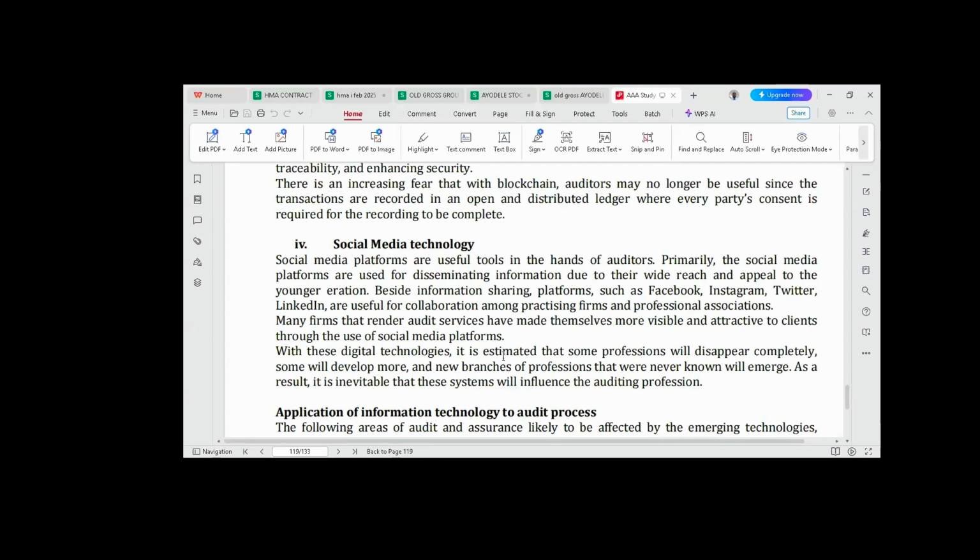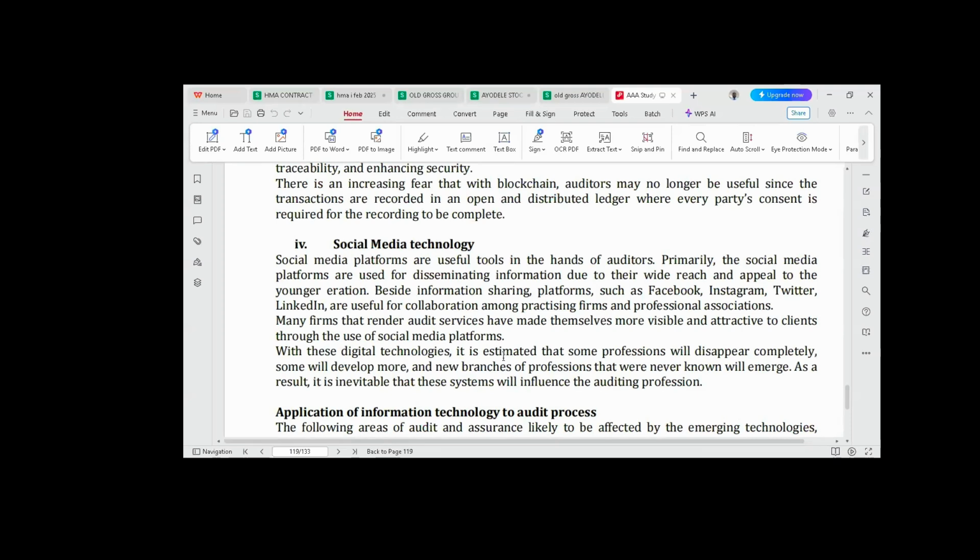And you can see that these audit firms have now employed digital marketers that help them to manage these aspects of their firm. All the audit firms have digital marketers or social media managers now. Their responsibility is to focus on their social media platforms. That's a new profession that emerged as a result of this social media technology: digital marketers and social media managers.